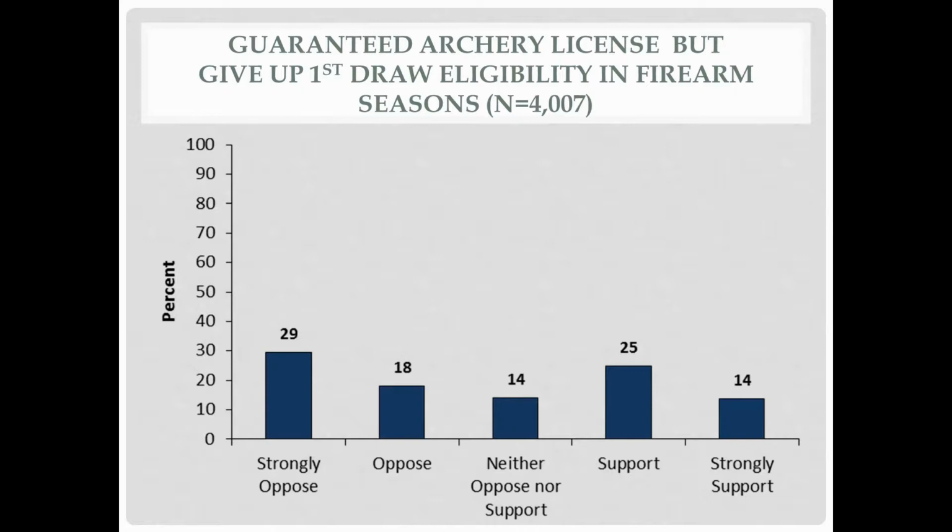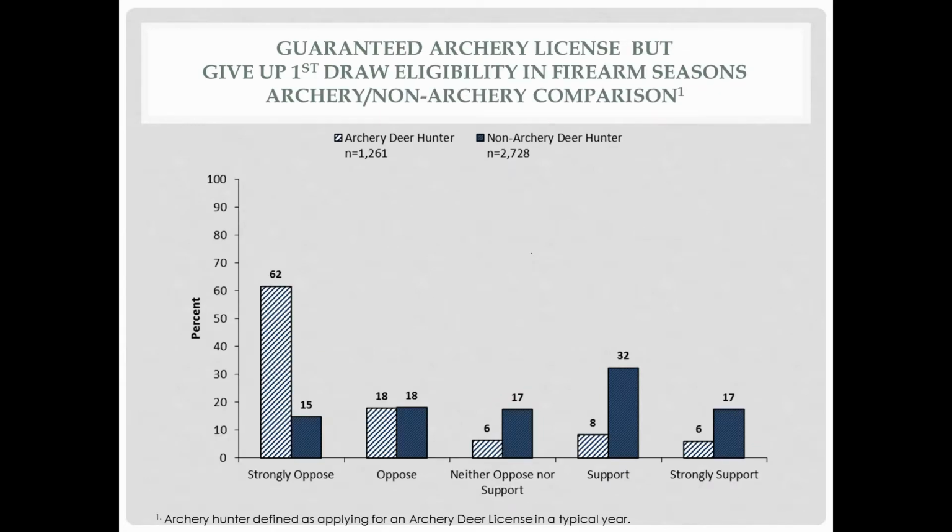When you break it out again, the archery deer hunters and the non-archery deer hunters, it's similar to the license quota question, where 62% of your archery deer hunters are strongly opposed to this, but you do gain more support on the non-archery deer hunter side with about 49%.